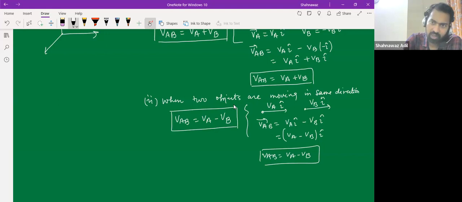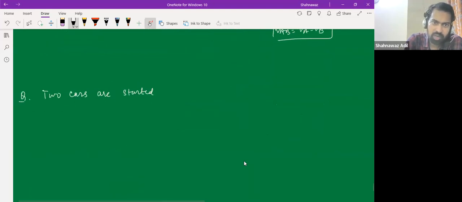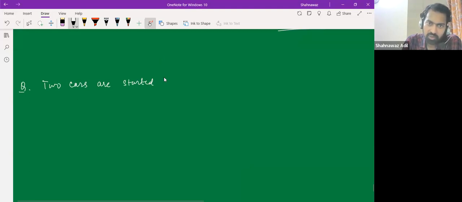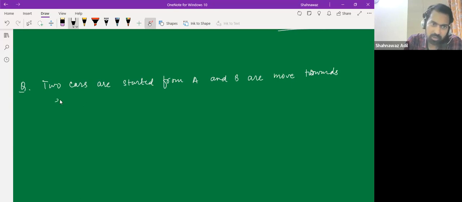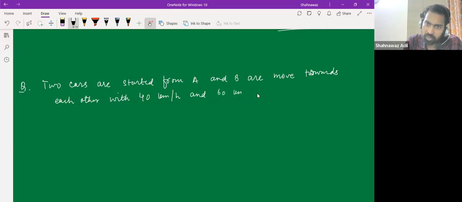Okay, so two cars start from A and B and move towards each other with 40 kilometer per hour and let's say 60 kilometer per hour.